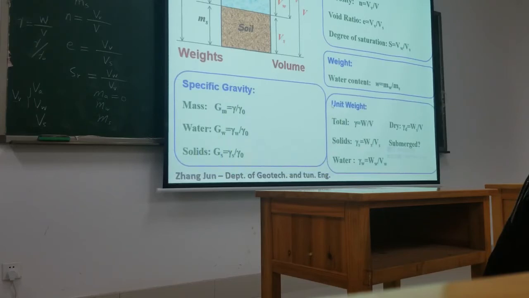And some unit weight: total, or we call bulk unit weight, and solid or soil particle unit weight.